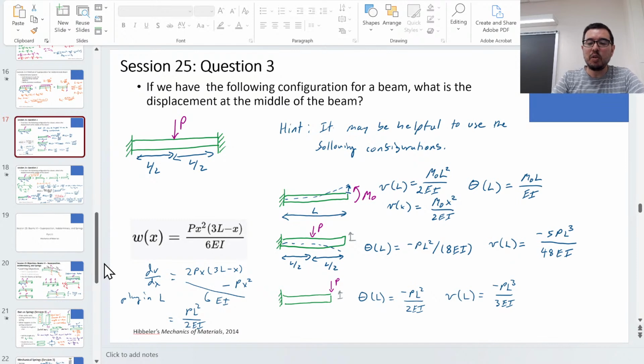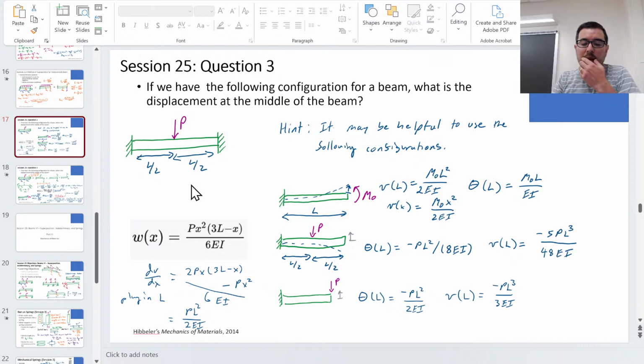Okay, so the first thing here is that this is an indeterminate system, right? I could remove the moment constraint or the deflection constraint, the force constraint or the moment constraint on this right side or this left side, and it would be determinate, but it's statically indeterminate.